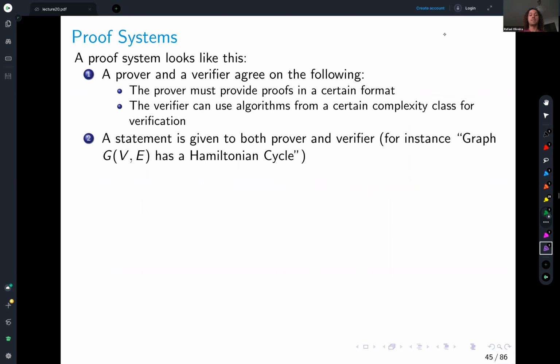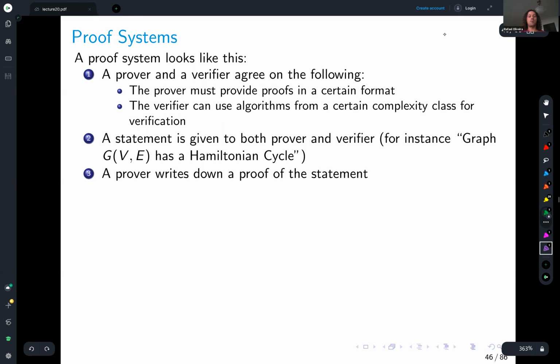And now a statement will be given to both prover and verifier. For example, the graph G has a Hamiltonian cycle. So this is the statement. And now the prover wants to show off. The prover is like, I know how to prove this, and the verifier is like, I don't believe you. I don't think you can solve it, but I can certainly check if your solution is correct. So then what does the prover do?